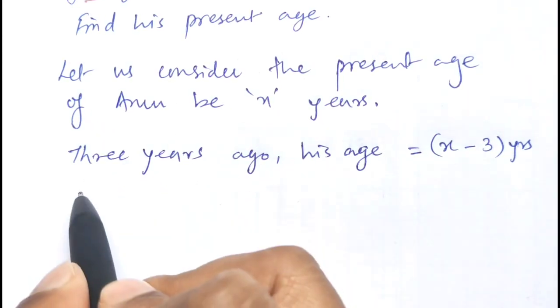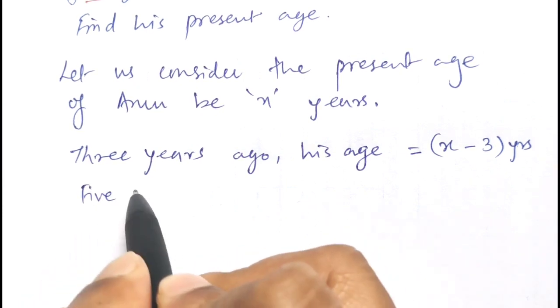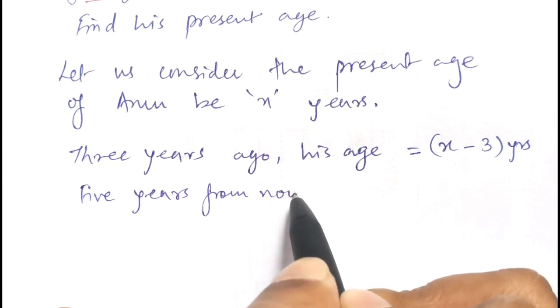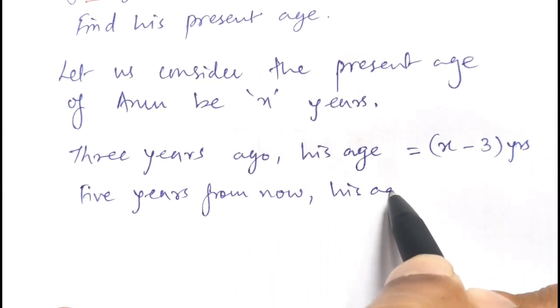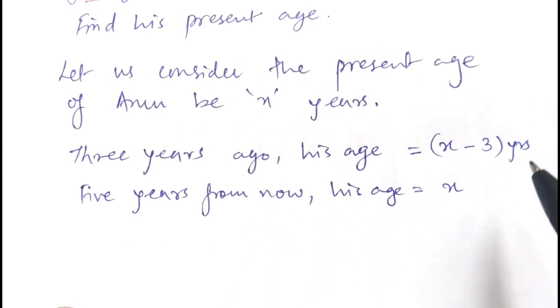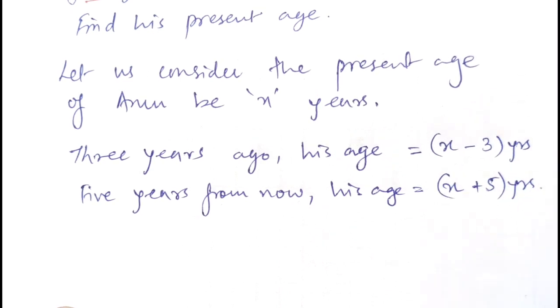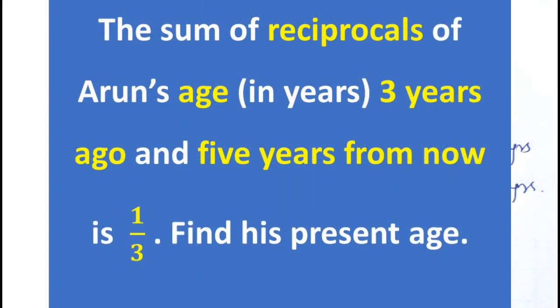Similarly, 5 years from now, right now his age is x, so after 5 years his age will be x plus 5 years. Now according to the question, what is given?